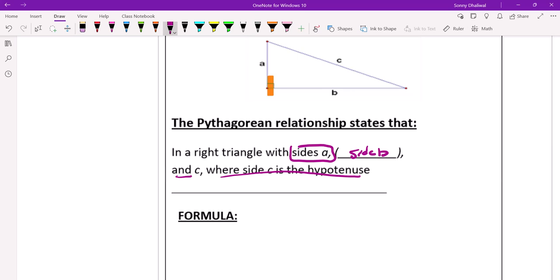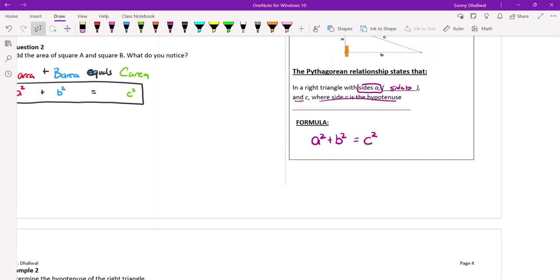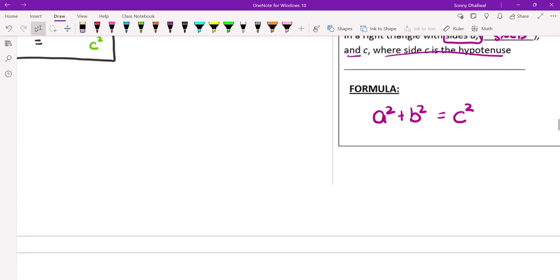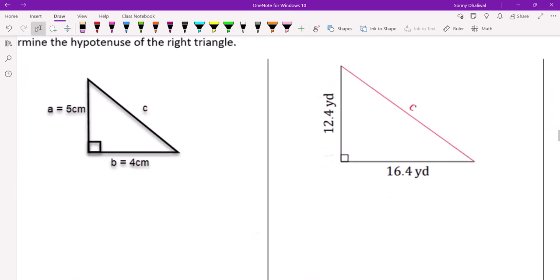And our formula is a squared plus b squared is equal to c squared. So you add the squares of the legs, and that equals the square of the hypotenuse. And we're going to start using this to figure out missing sides of the triangle. So we'll do one of those questions, probably maybe two. Then we'll use the other ones as warm-ups before we do the assignment. So does everybody have this written down? Okay, let's go to the back side.